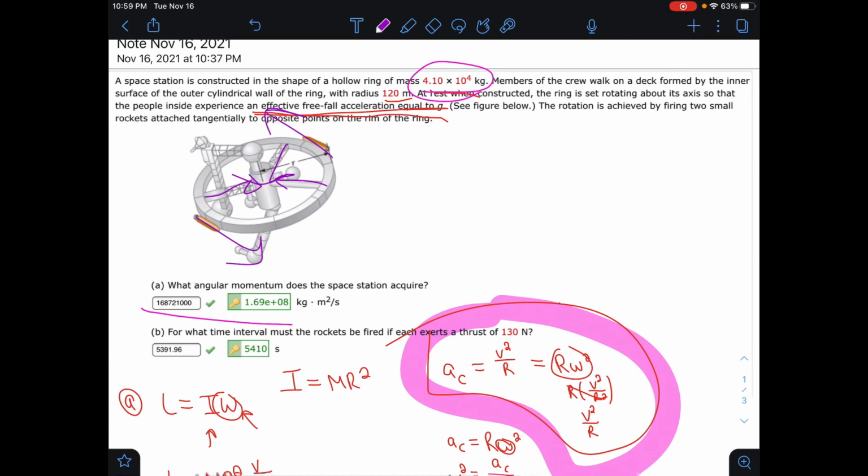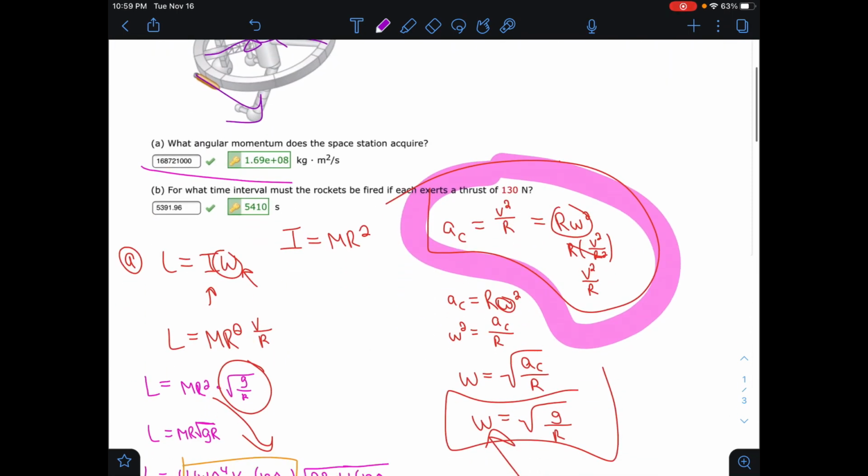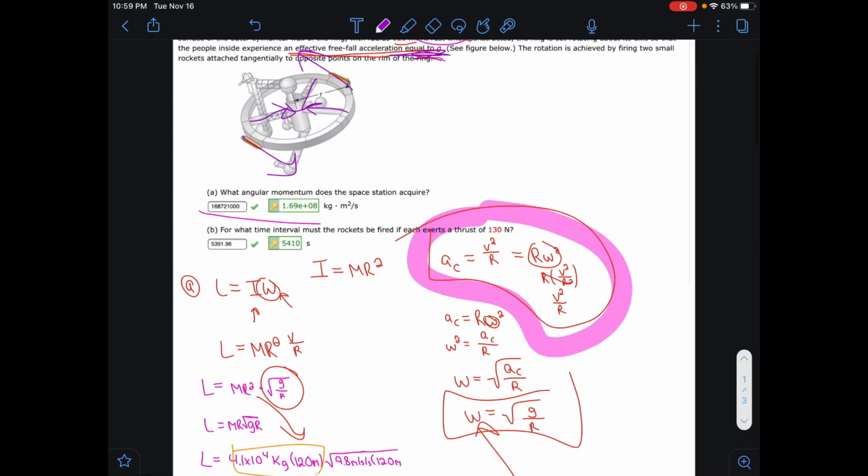We need to utilize this G value to plug it in here. It's a big thing, obviously. Your centripetal needs to equal your velocity squared over your radius, because that's what centripetal is.